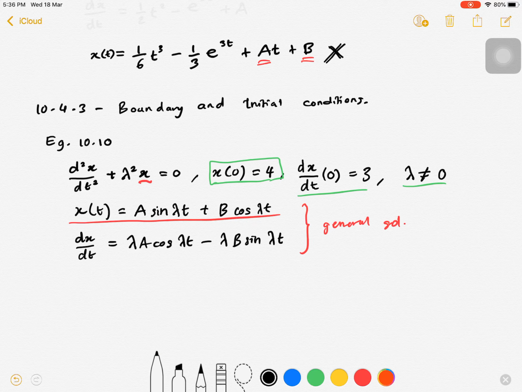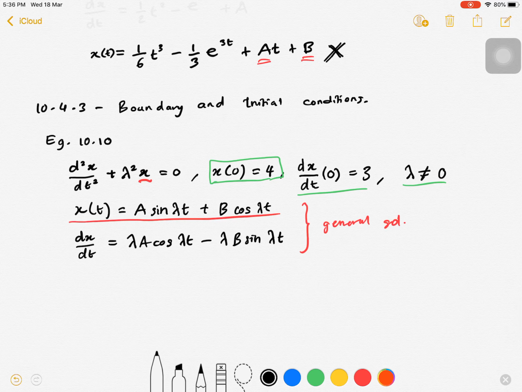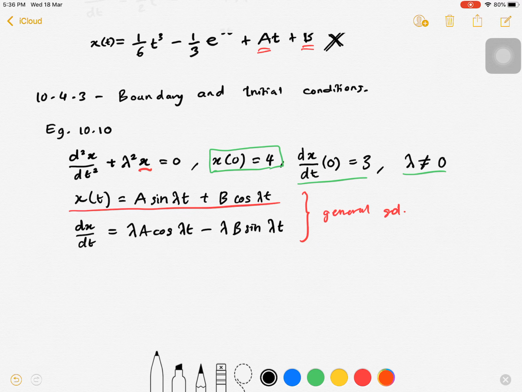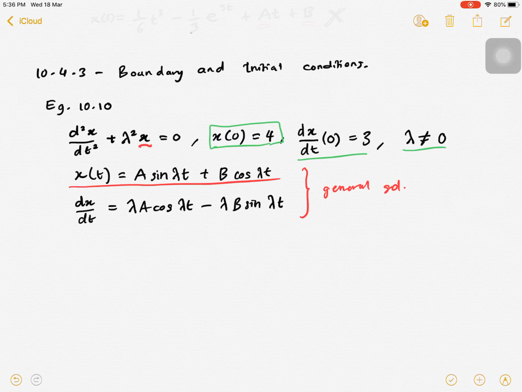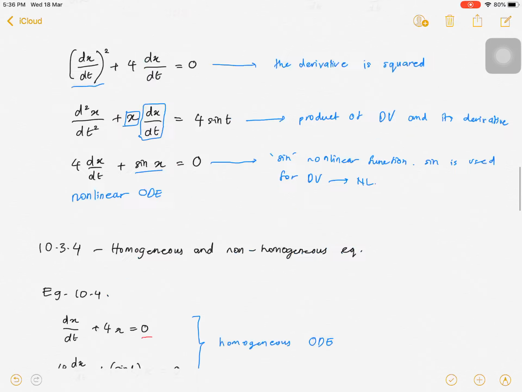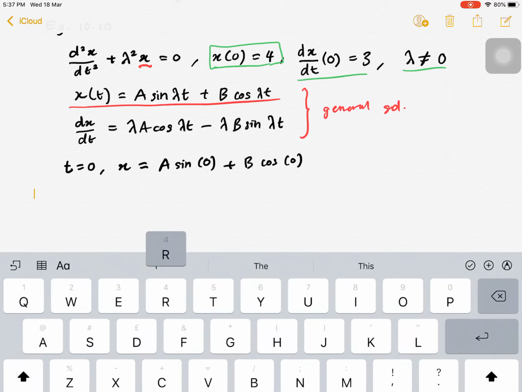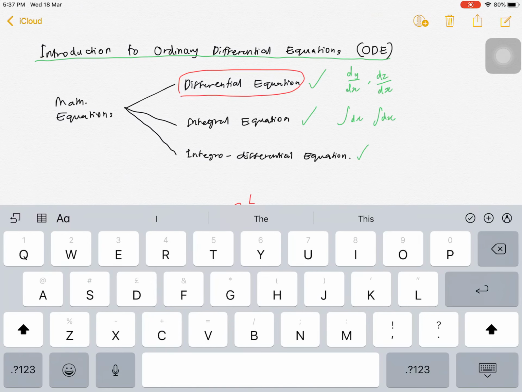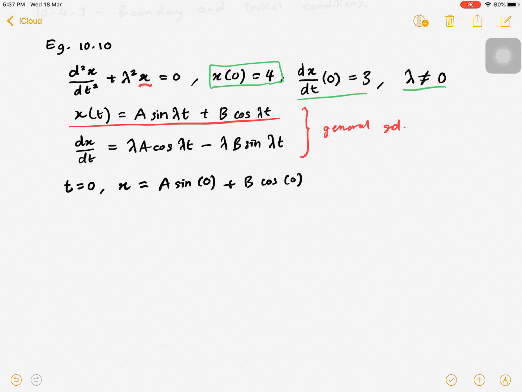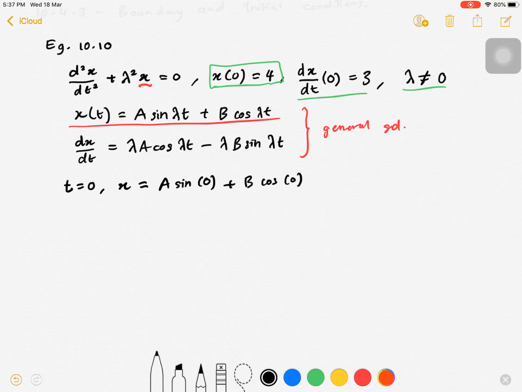So when t is equal to 0, x is equal to a sine 0 plus b cos 0, and this all is equal to 4. So we know that b is equal to 4.